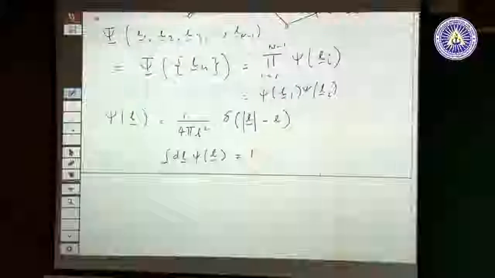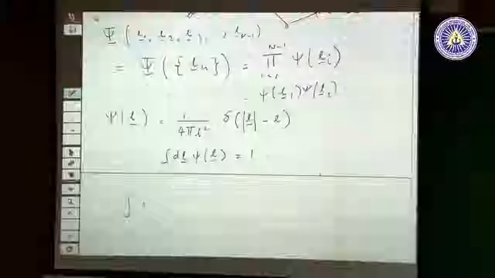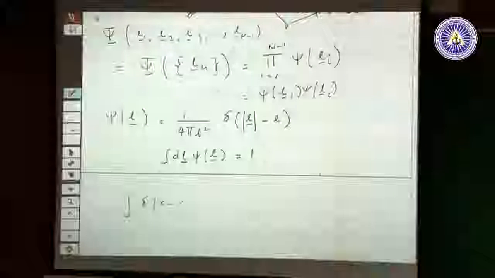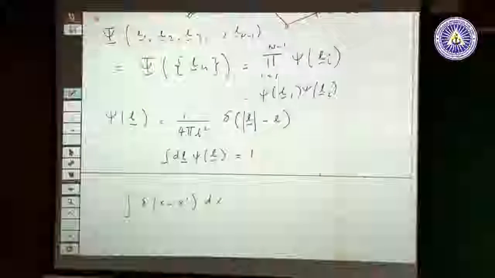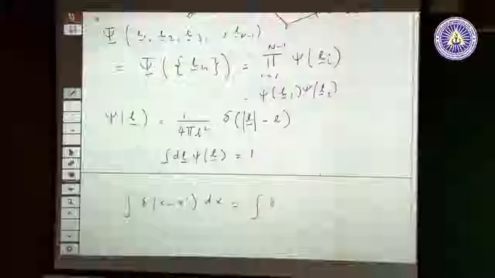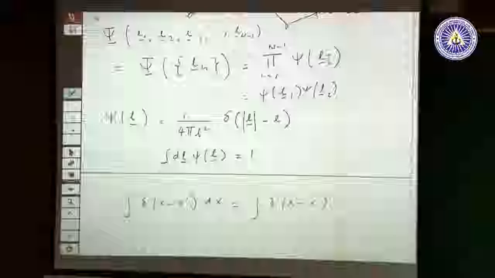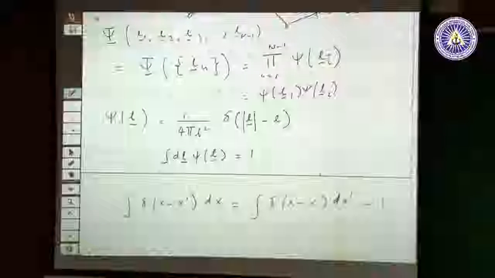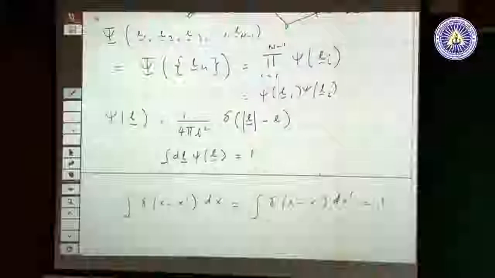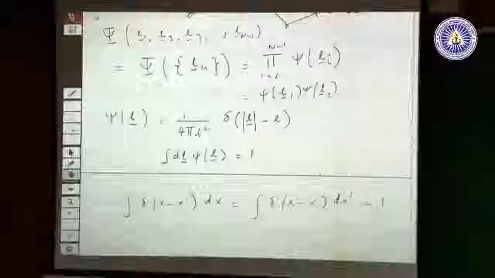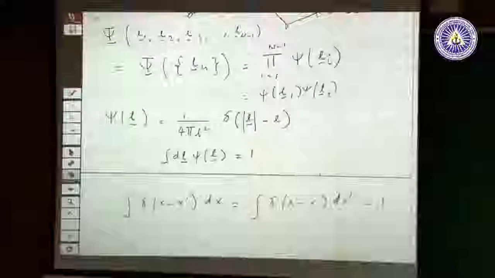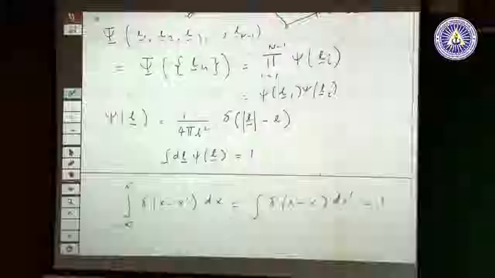The properties we are interested in: if I have a delta function defined this way, the area under the delta function is equal to 1 if you integrate it from minus infinity to infinity.